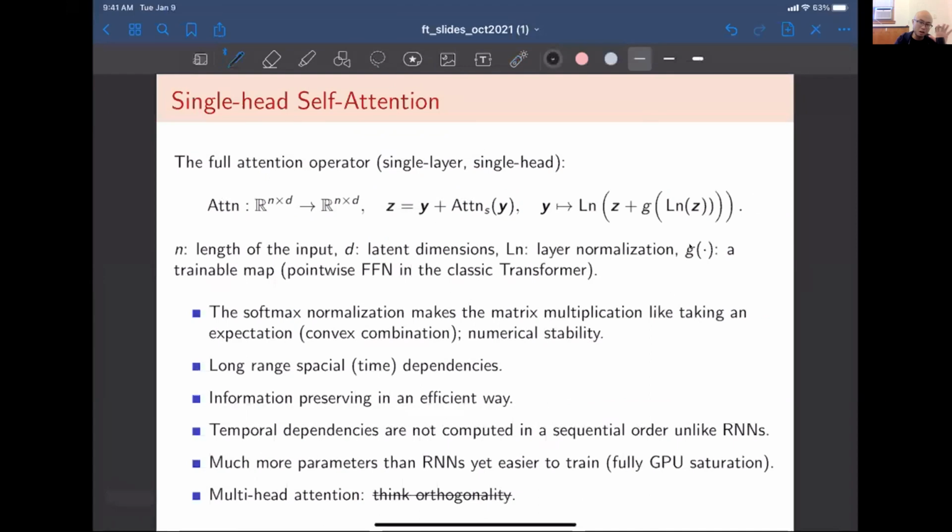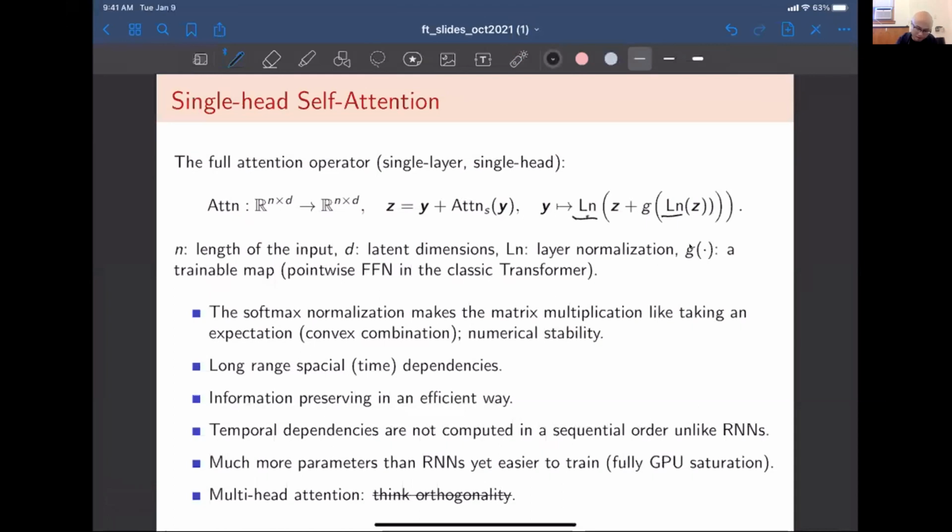So the softmax helps, it achieves much better numerical stability. And that's why they add all these layer normalizations to help the training get stable. I think this was already studied in some concurrent work mentioning that this is indispensable, especially the layer normalizations.